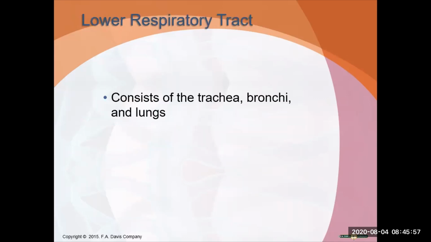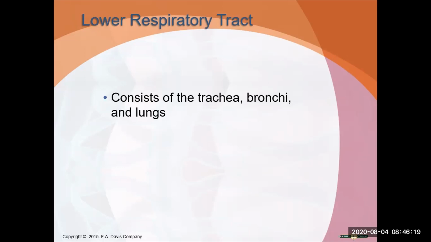Number 3, what purpose do the cartilaginous rings around the trachea serve? A, keep the trachea from collapsing during inhalation. B, attach the trachea firmly to the esophagus. C, protect the trachea from trauma.